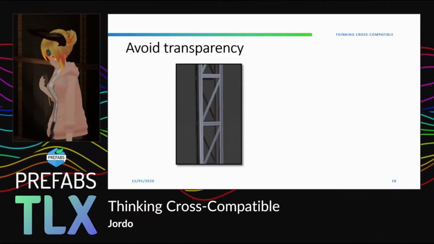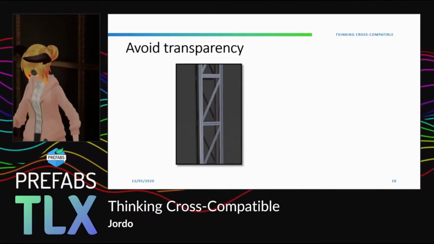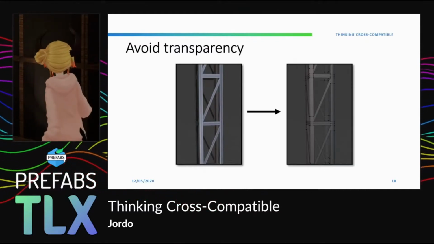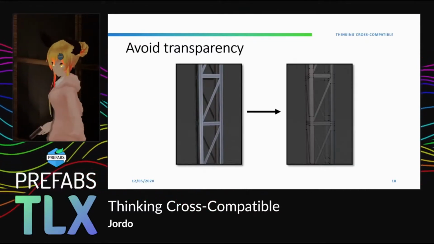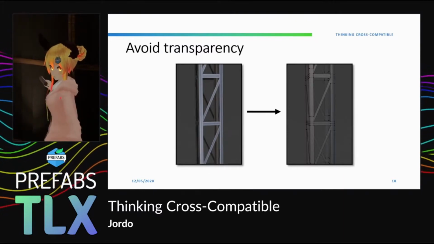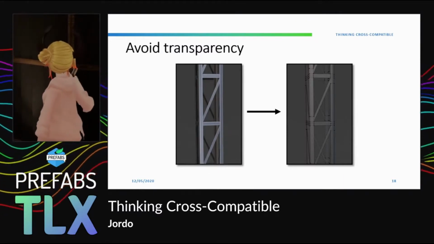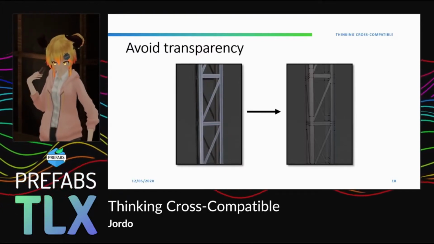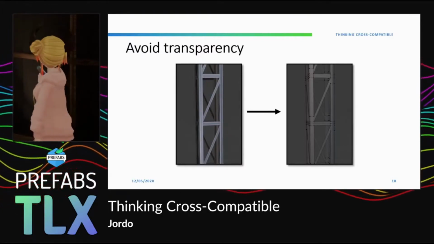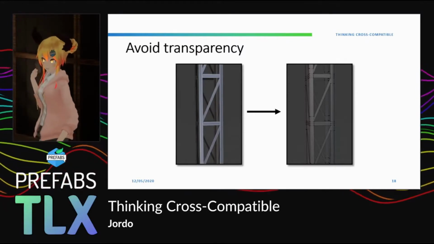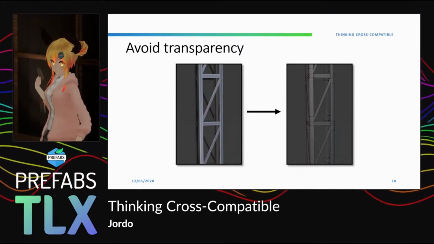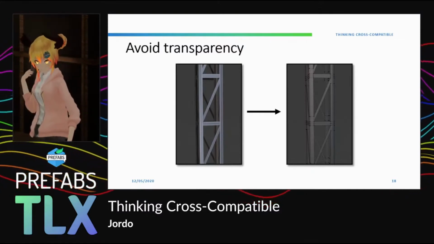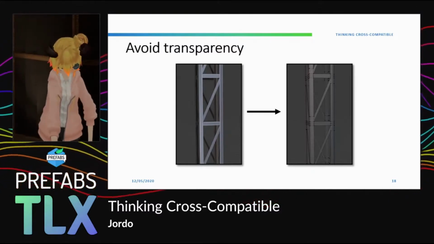So what we did was cut it out. There's no transparency here. It's just opaque, cut out on the border, and it just works. There are 28 of those pillars. If all 28 had transparency, it would be very bad, and the Quest would be crying a bit.